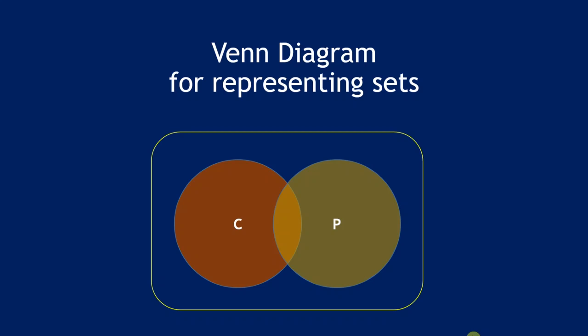So this is a very common way, and I want you to be able to recognize what a Venn diagram is. You will see why this is a more convenient way of doing things, because it's a little time consuming to always draw chocolate versus peanuts. So it's easier if we can just abstract and represent them using just circles. Okay, so I want you to start getting used to this.